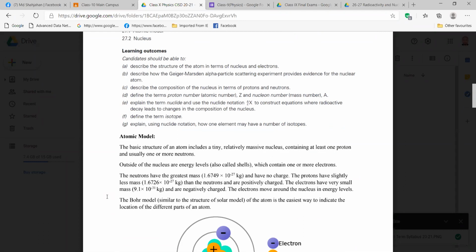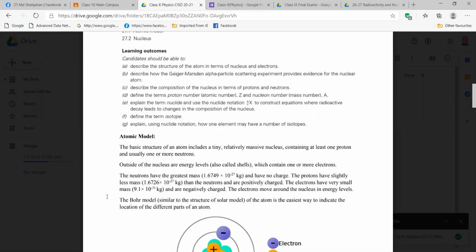Electrons, they have negative charges. And if you think about the mass, proton and neutron, they are almost equal, we can say equal or similar mass, but the electrons, they are very light in comparison to protons. We will look upon it, the information are given below.